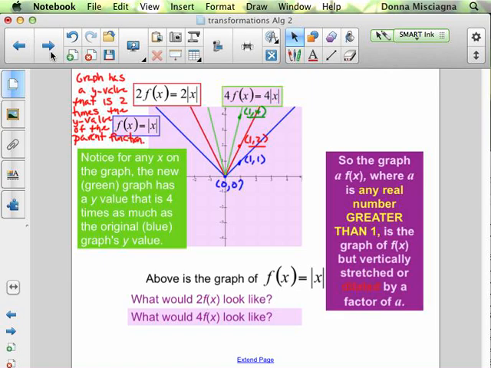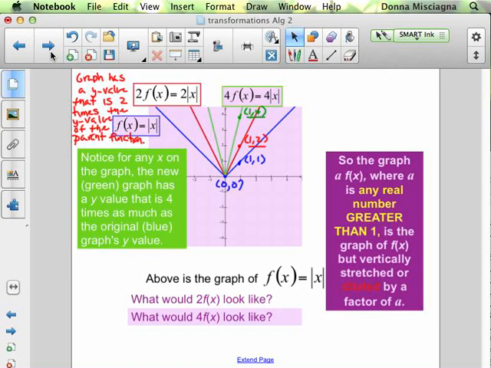Here we have 3 graphs. The blue graph in the center is f of x equals the absolute value of x. The red graph is 2f of x, so 2 times the absolute value of x. The graph is skinnier. It is stretched vertically, and we can compare a point. Notice we can't compare the vertex.